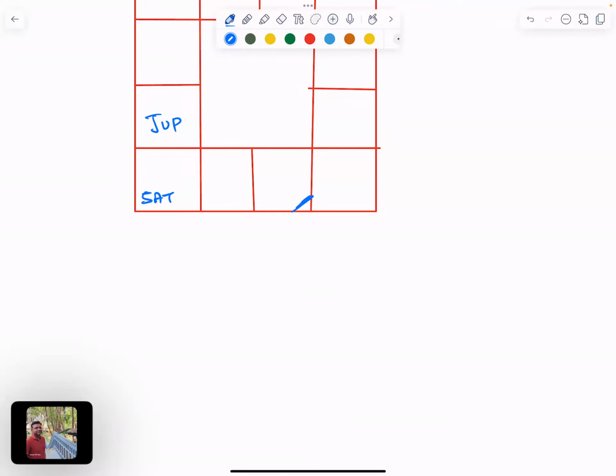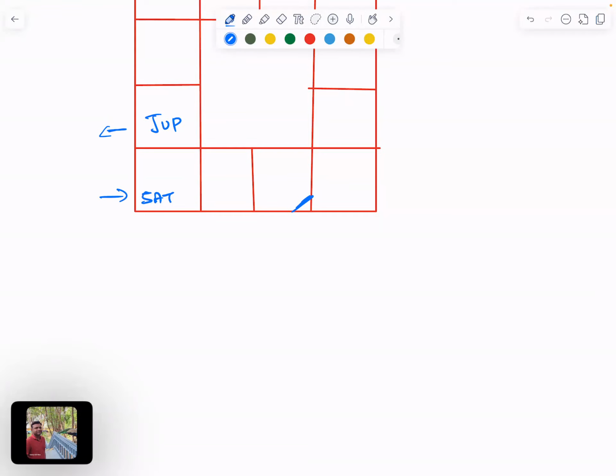Now should I take it from here or from here? This is another question. So all these things we will see later. But first we have to understand how the progression works. So now you know how to calculate the years.